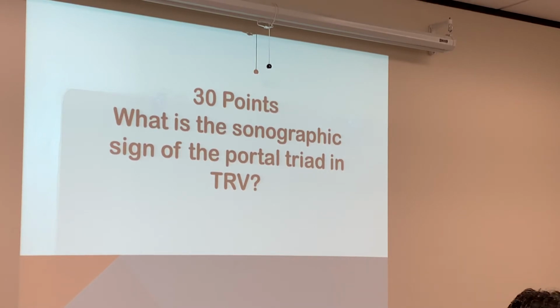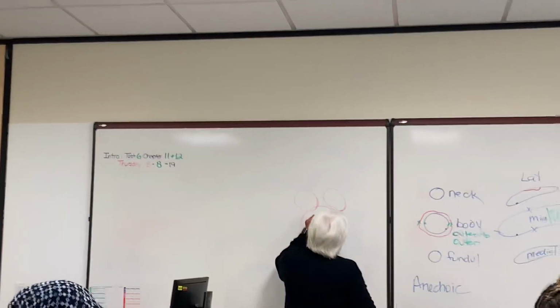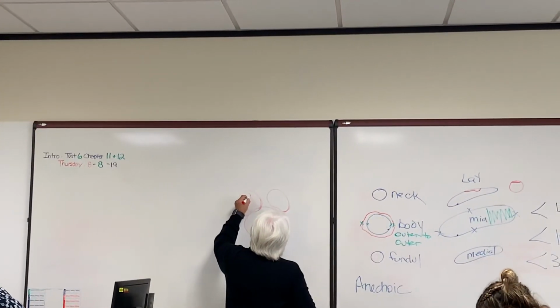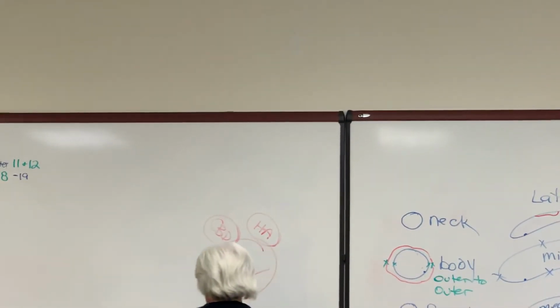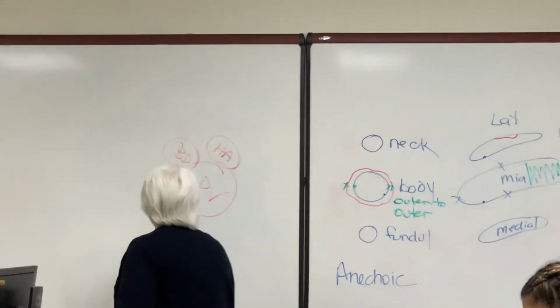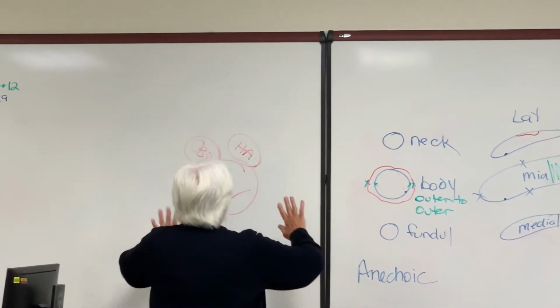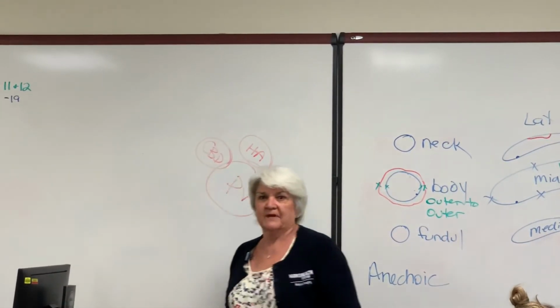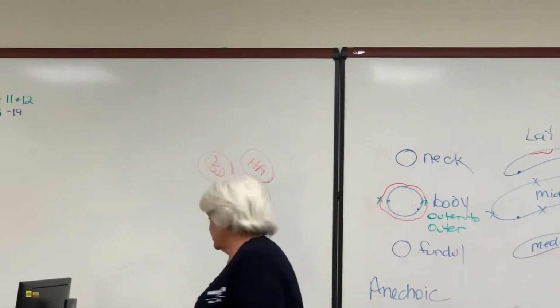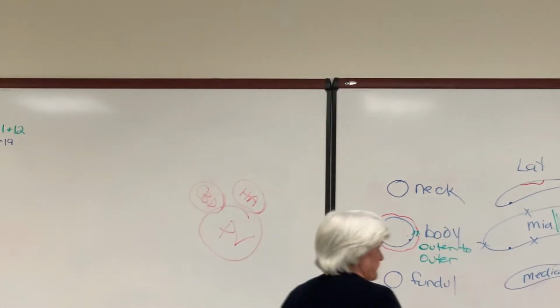Portal triad. Mickey Mouse. Portal vein, CBD, hepatic artery. The hepatic artery is always, when you're looking at it, the right ear. Okay? That's the portal triad.